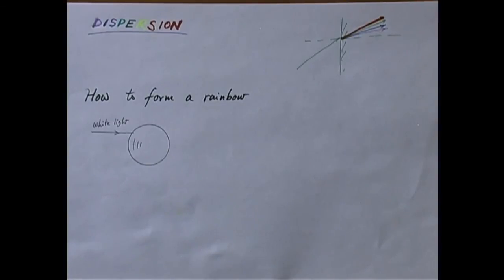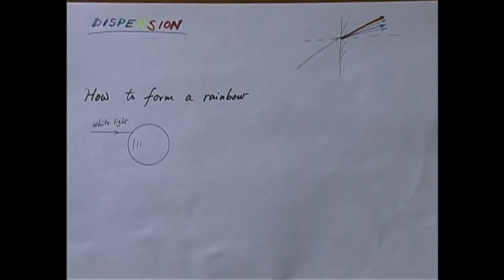So light will travel in different directions, or they have different speeds according to their frequency. This phenomenon is called dispersion. Dispersion is responsible for a wide variety of natural phenomena, including, for example, a rainbow.